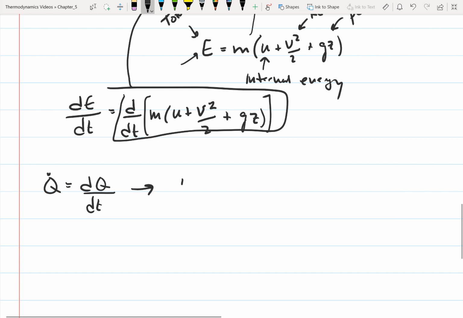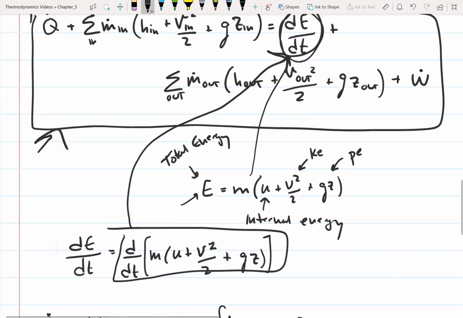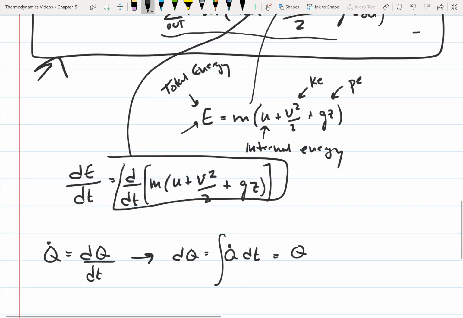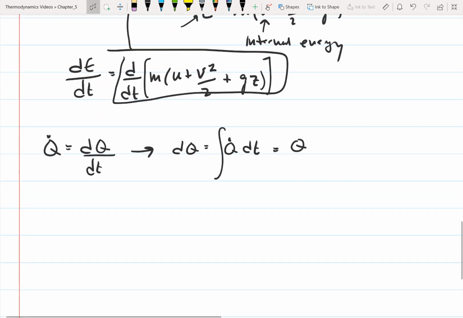So if we integrate this, dQ is equal to q dot dt, which integrates to just Q. And so this is the first term. We're going to go through each term in this equation and do the same thing, so we can basically integrate this entire equation.